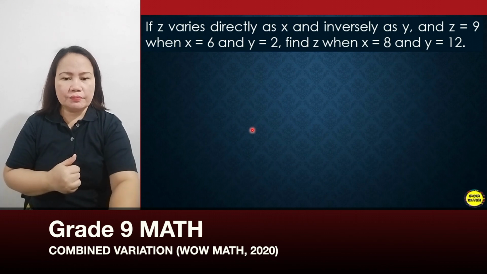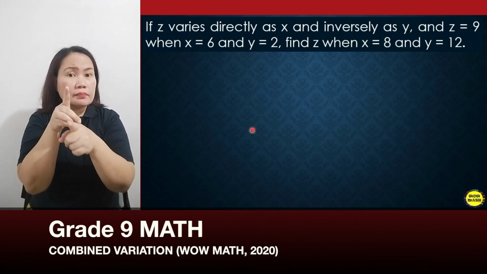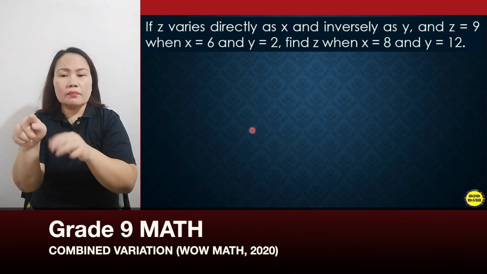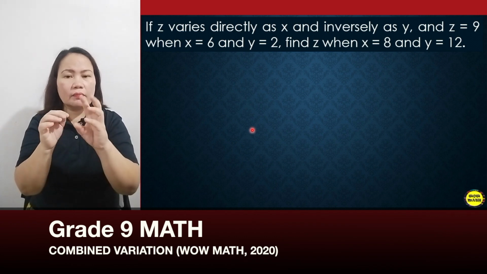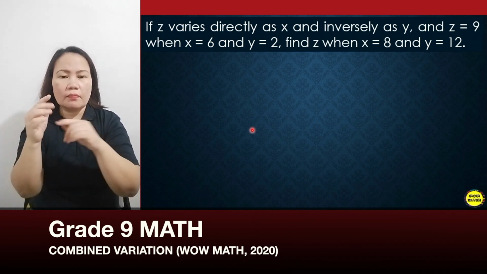Another example. If z varies directly as x and inversely as y, and z is equal to 9 when x equals 6 and y equals 2, find z when x equals 8 and y equals 12.